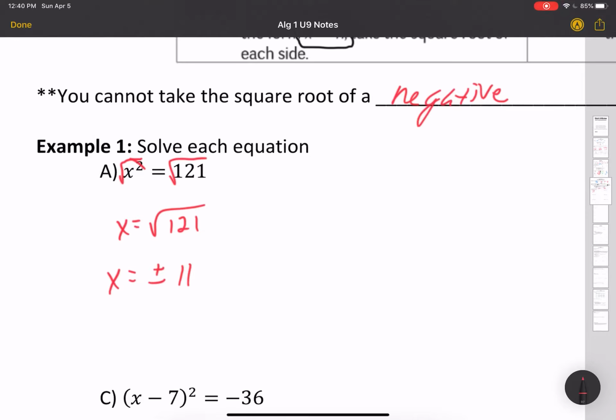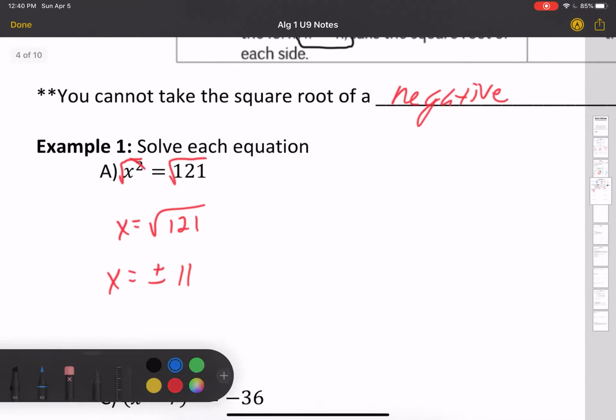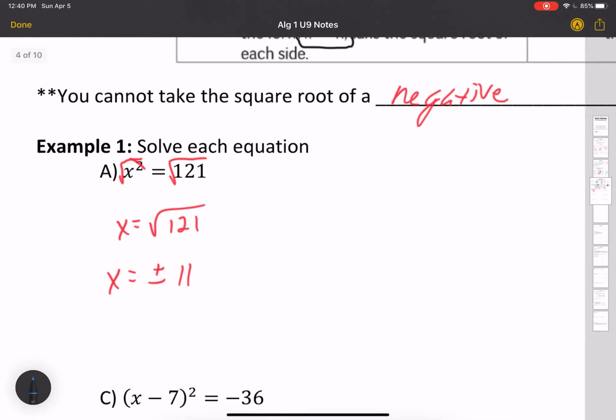So why do we need to do the plus or minus business? 1, there are 2 solutions to a quadratic, so we need to find both of them. 2, if I checked this work, okay, if I plugged my solutions back in, 11 squared is going to equal 121, so that checks out. And negative 11 squared is going to be 121, so that checks out.